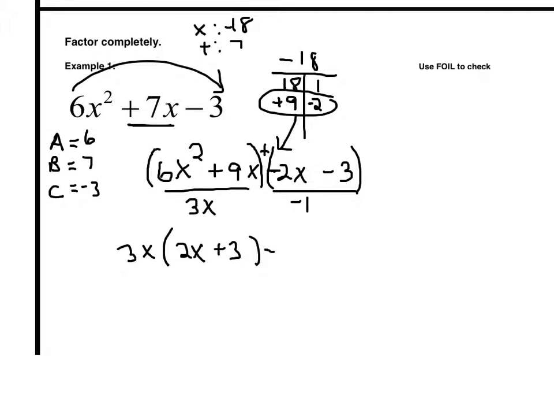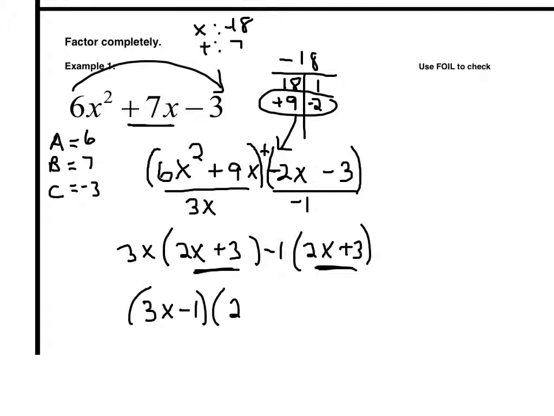So I'd put minus 1 right here, and then divide. Negative 2x divided by negative 1 would be 2x, and negative 3 divided by negative 1 would be plus 3. Again, these two terms match right here, and they're supposed to. If they don't match, you're doing something wrong. So my factors, if I rewrite them, would be 3x minus 1 times 2x plus 3. And this would be my answer, the two factors.